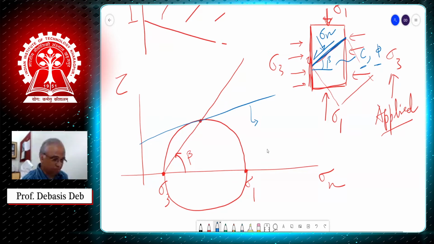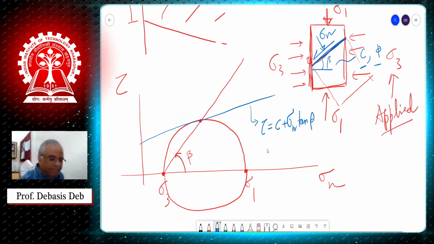I think it is sigma n and tau. Basically, the limiting, the maximum that can be applied. Right. That is the failure envelope that I have told you. Tau is equal to C plus sigma n tan phi.